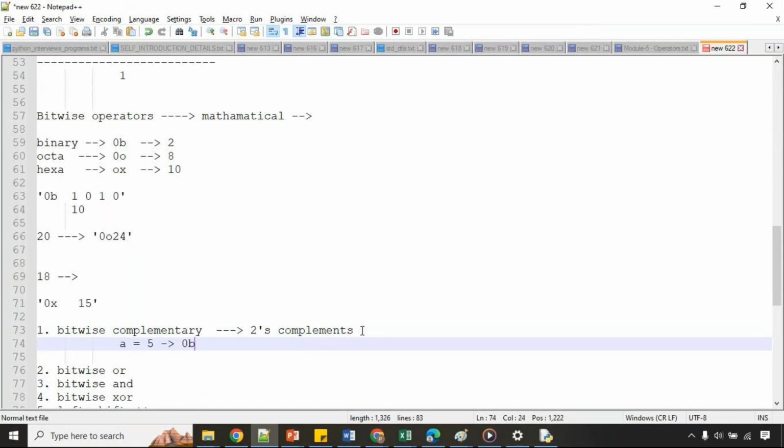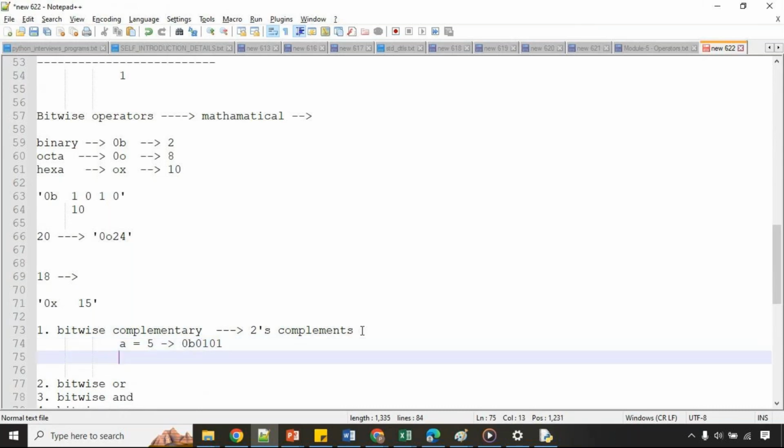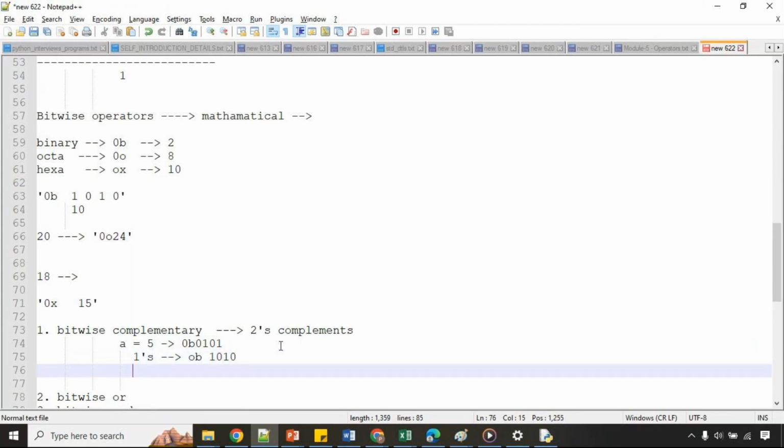When you convert it into binary, 0b101, 2 power 0, 2 power 1, 2 square. So one's complement, just reverse that one. One's complement, add 1.